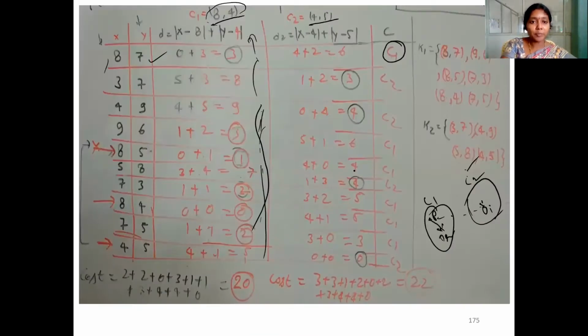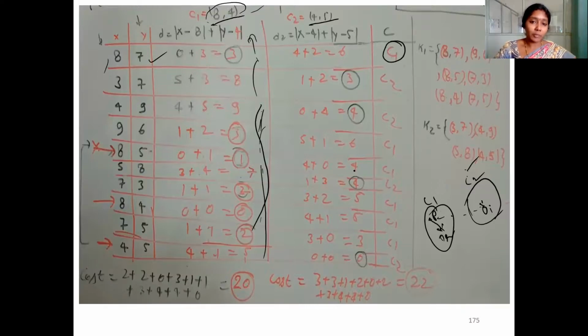It can be better. So here, we need to calculate the distance between each object and each new representative. Based on the distances, you need to again reassign the data objects to the clusters C1 and C2.